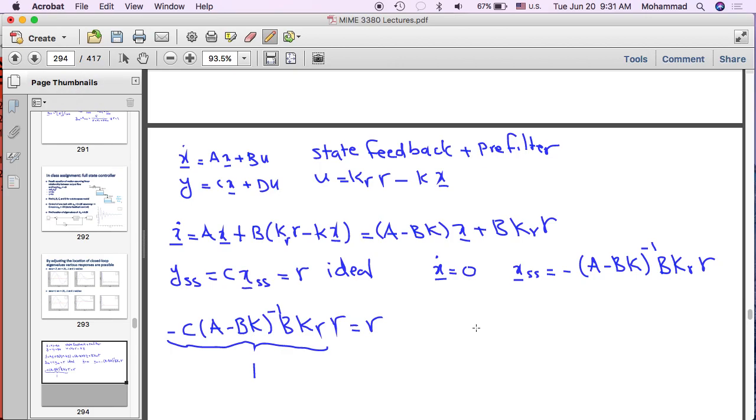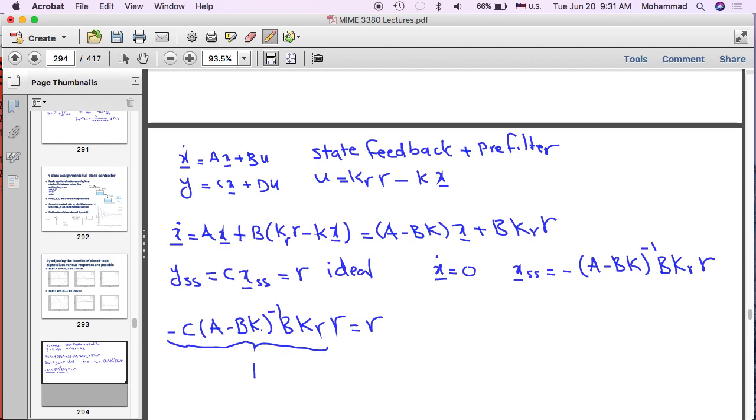So the unknown that we are after, what are we doing? Why are we doing this calculation? What are we trying to calculate? Do we know what C is? Yes. Do we know what A is? Yes. B is? Yes. K? Yes. So we have designed our controller. We have found K already to put the eigenvalues of the closed loop system where we want them to be.